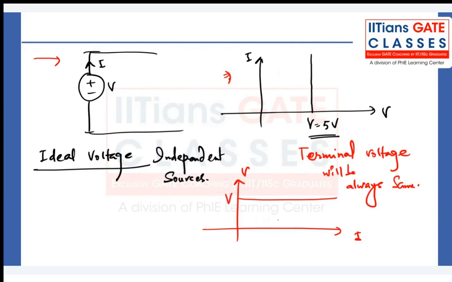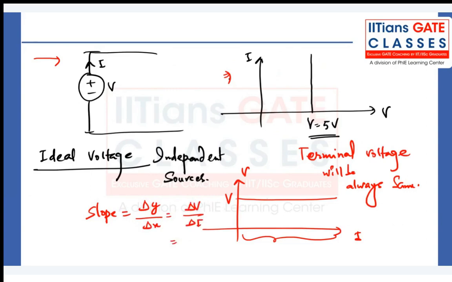Here you are changing the current, but the voltage is constant, right? So you can also find the slope of this VI characteristic. Slope is basically the change in y upon change in x, or you can say change in voltage upon change in current. What is the change in voltage?